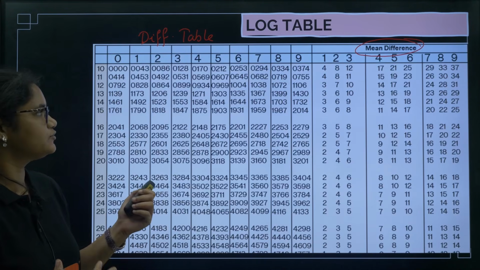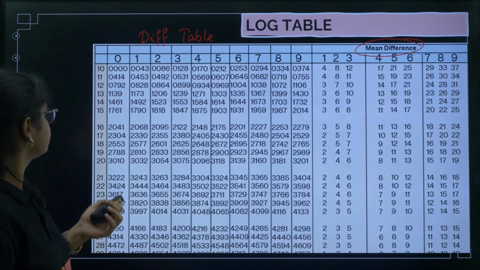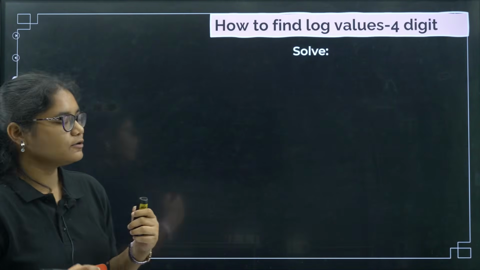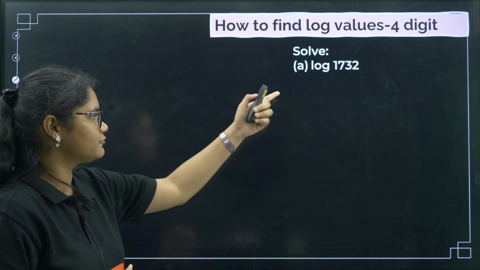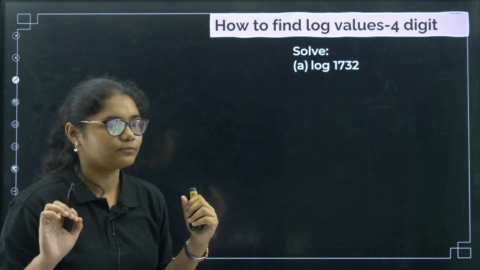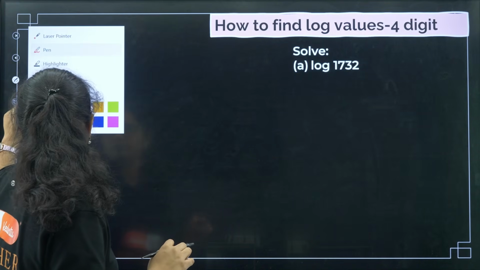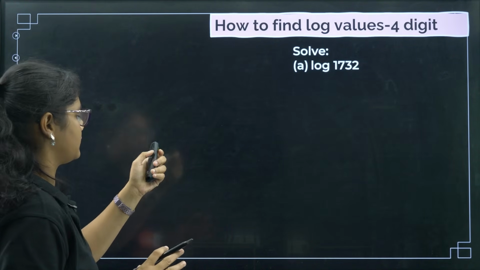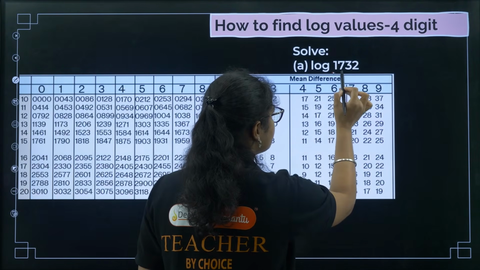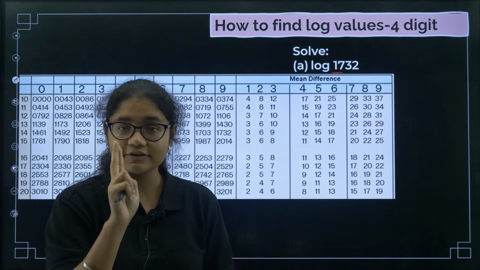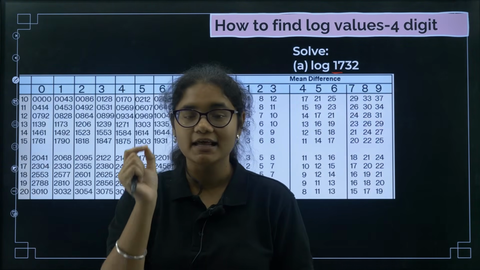Now we will go and solve some questions. First I'll tell you how to find the log of a 4-digit number. Suppose we have to find the log of 1732. Now I'll show you the log table. In the log table you need to see the first 2 digits. What are the first 2 digits here? 17.